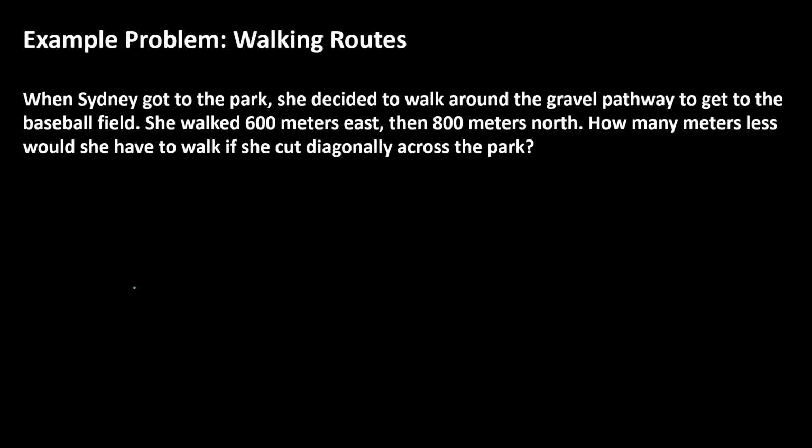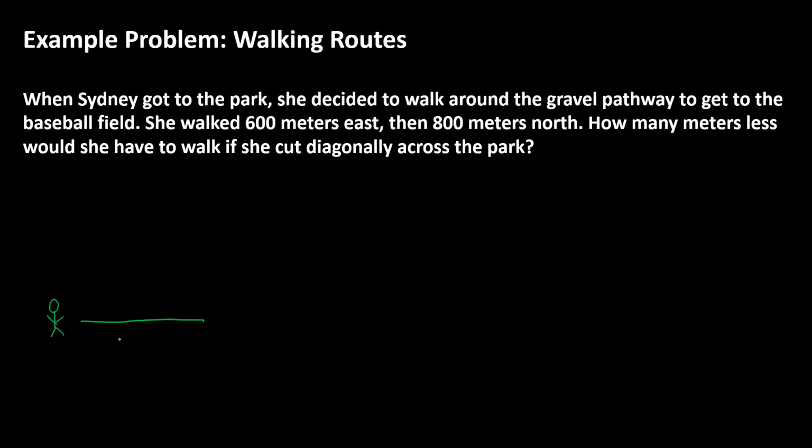So let's say we know that Sydney walked 600 meters east and 800 meters north. So let's say Sydney is here. And we know that Sydney is going to walk to the east or right from her location, if we're looking at like a sandbox view from the top down.